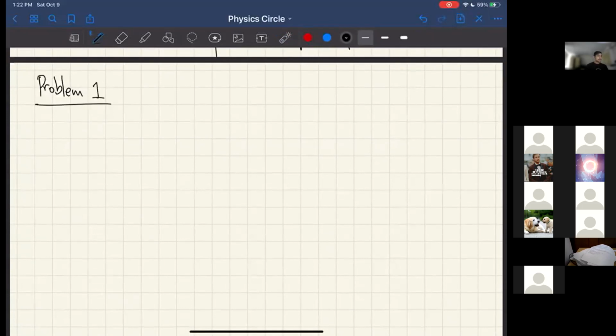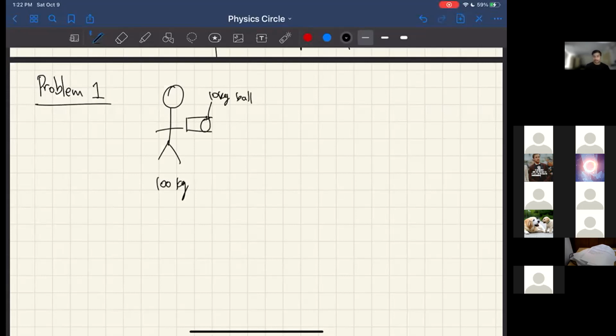So problem one is: you have an astronaut who's 100 kilograms, and they're carrying a launcher, which is loaded with a 10-kilogram ball, and then this launcher fires.